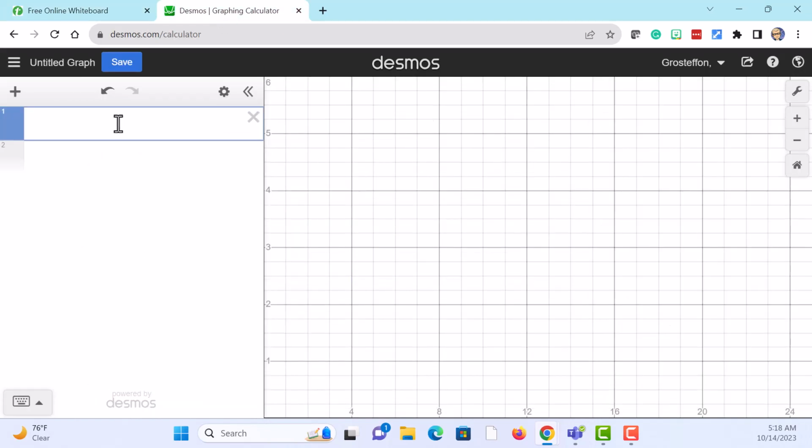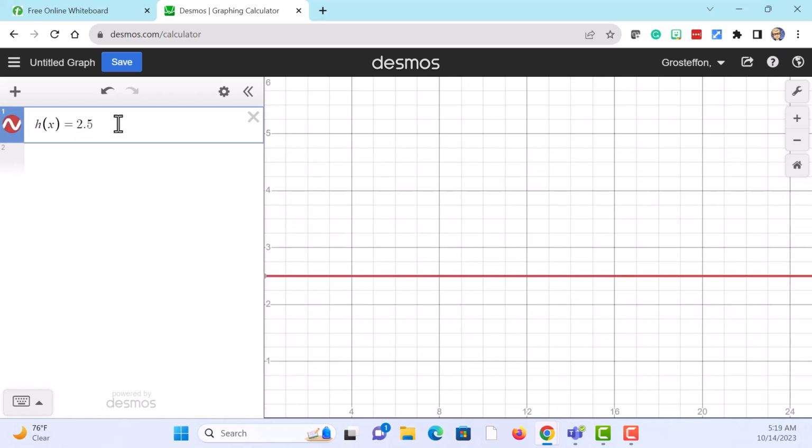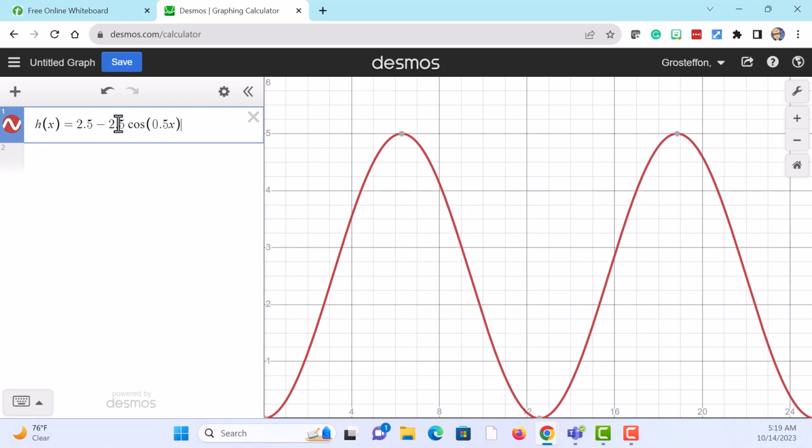We're going to enter our function as h of, instead of t, we're going to use x, equals 2.5 minus 2.5 cosine of 0.5x. And we can see that that produces a sinusoidal curve with 2 complete cycles.